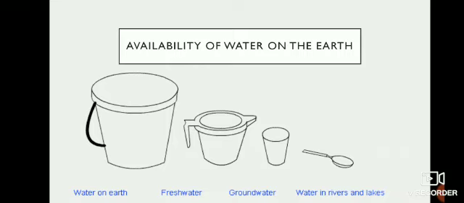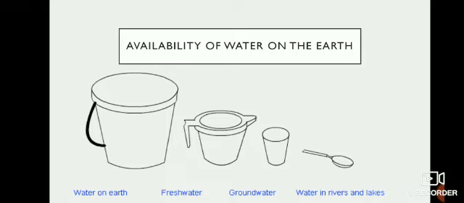With that measurement you have to take these things, and then you have to take a 500 ml mug, a 150 ml tumbler and a 1 ml spoon. If the capacity of the bucket is 20 liters, then it represents the total water on the earth. So, the water that is present in the bucket is representing the total water present on the earth. I hope you understood. Next, we see.